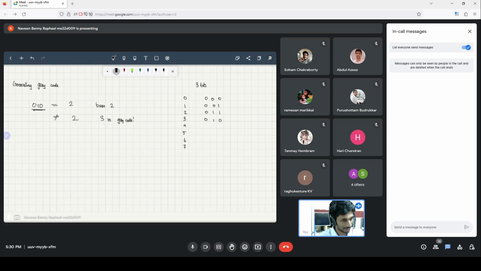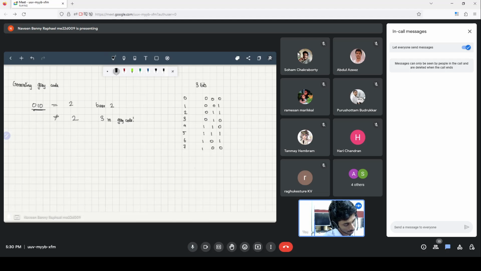I'll teach you how to generate this in a short while. 4 will be 110. So these will be the 3-bit gray codes.